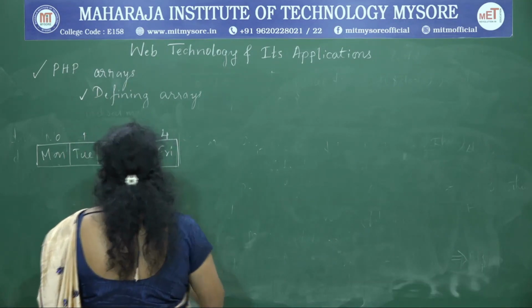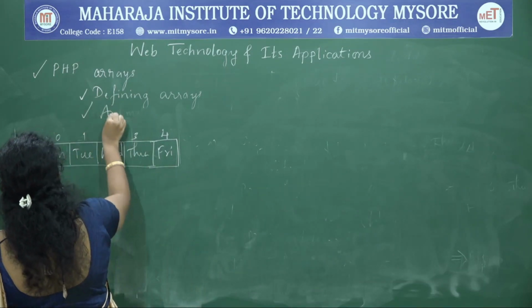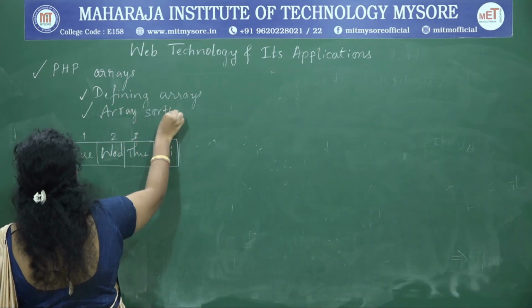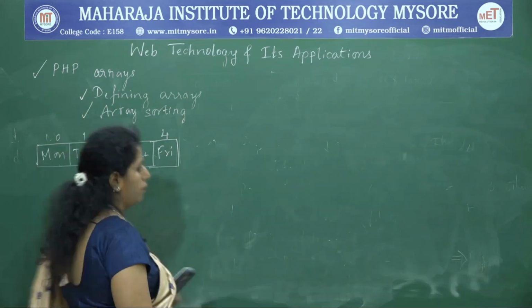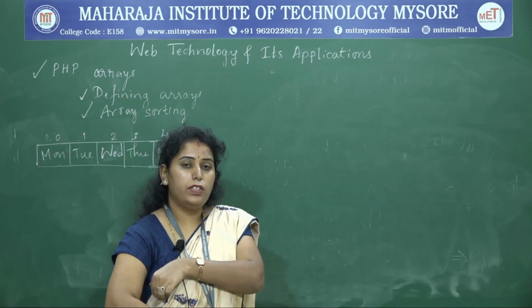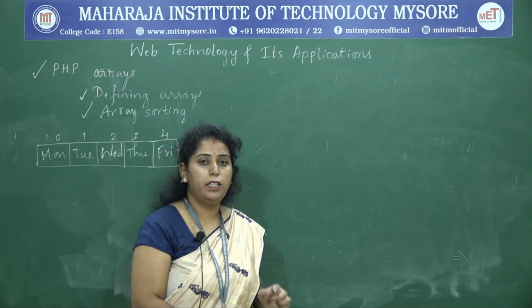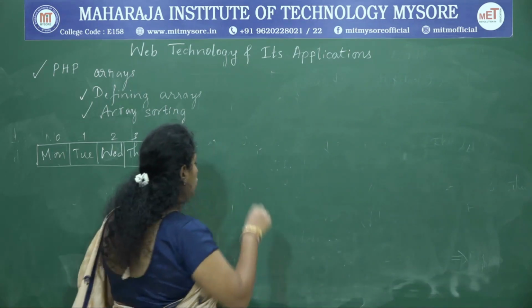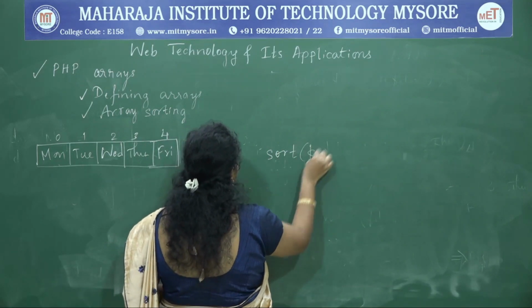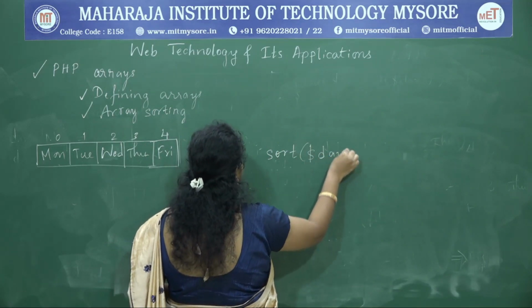Next is about array sorting. Array sorting is used to sort the elements of an array. So how to call it? Sort. Which array do you want to sort? The days array.